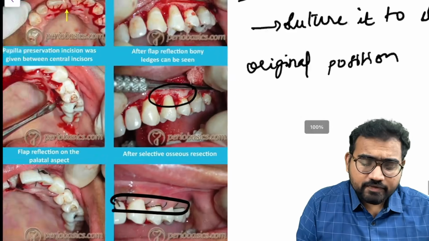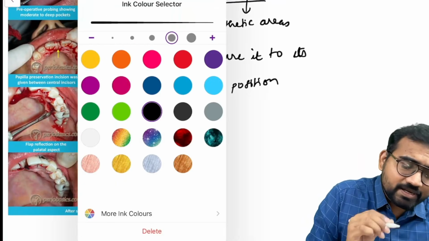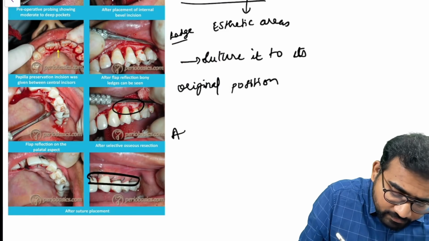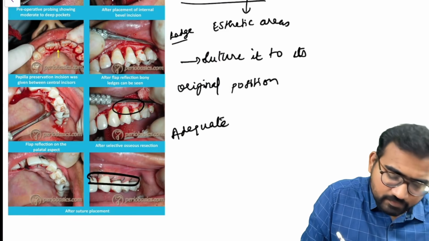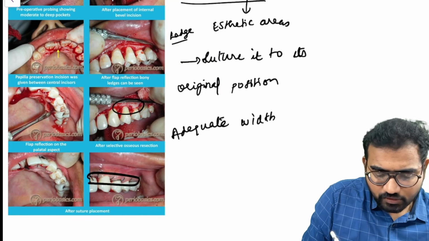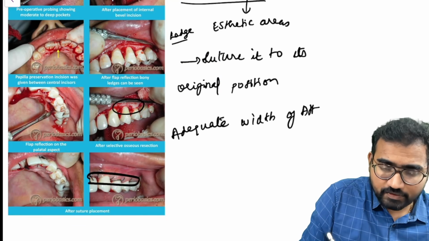One of the main indications for the modified Widman flap is that there should be adequate width of attached gingiva.